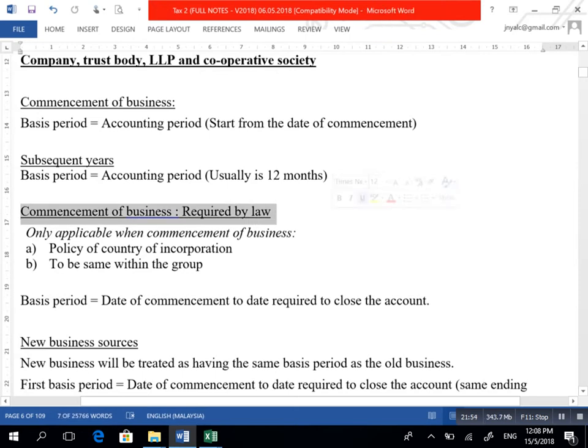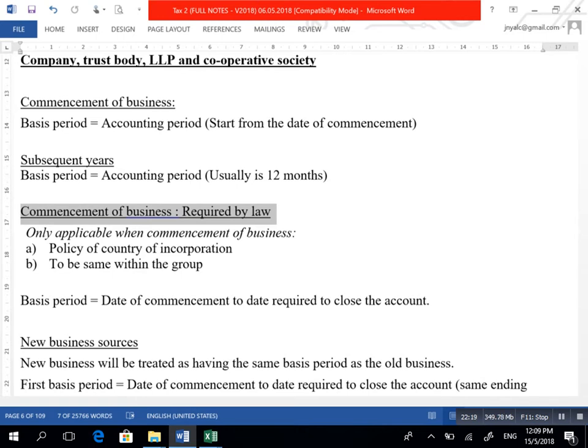Either when you start up your business, you didn't choose the closing month, it's because of your group company, or maybe because of the country policy, which means the country forces you to close on a certain month. So normally these two situations are under required by law.